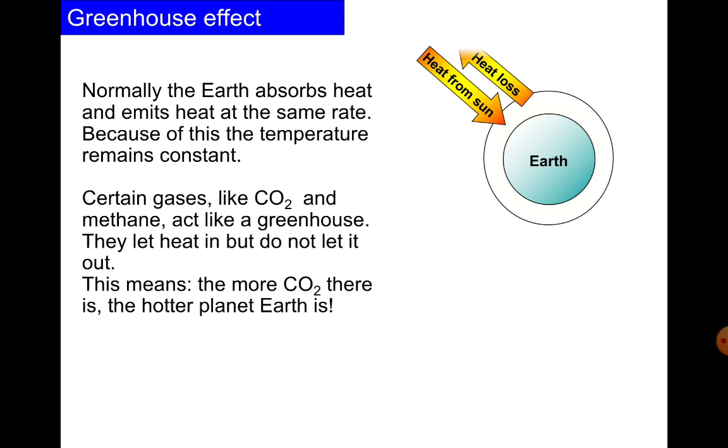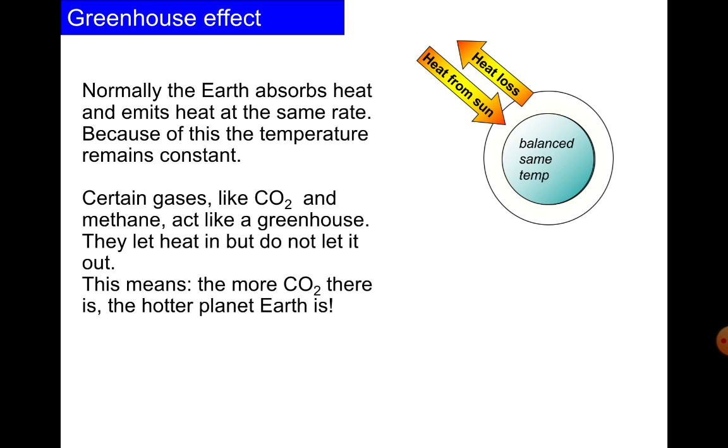Now how does the greenhouse effect occur? Well, simple. Heat is coming from the sun. It's taken up partly by the earth, and the heat is again reflected back outside. Now, when there is more carbon dioxide, heat is trapped by the air in the atmosphere. So this is one of the greenhouse gases.